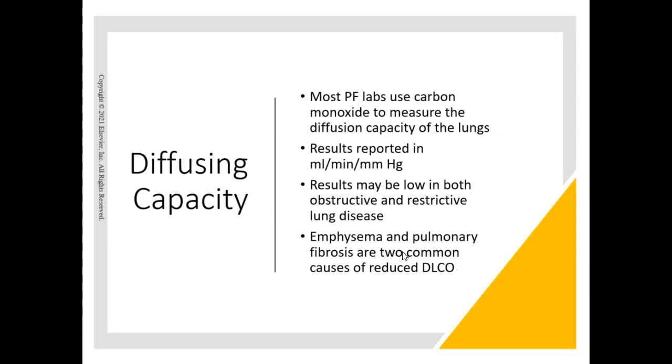If you had a test question that asked you to interpret PFT findings, and you have a DLCO that's less than 80% of predicted, that means it's decreased. If they also show an obstructive disorder, you would make the diagnosis of emphysema. If they also show a restrictive disorder, you would make the diagnosis of pulmonary fibrosis.